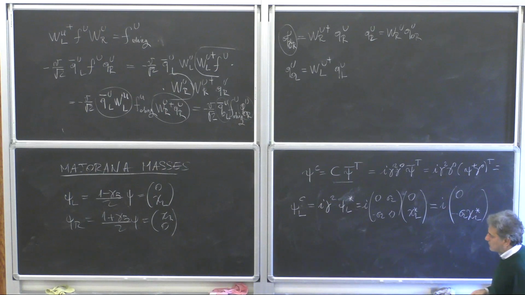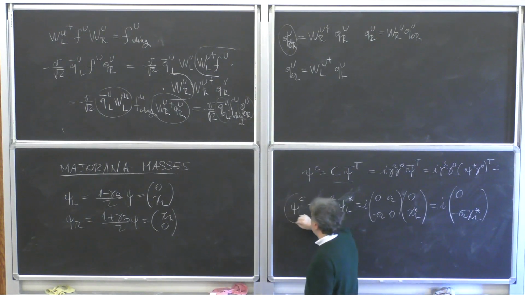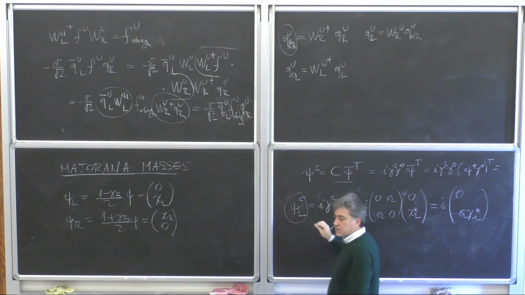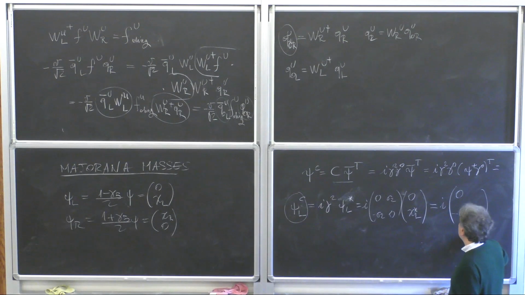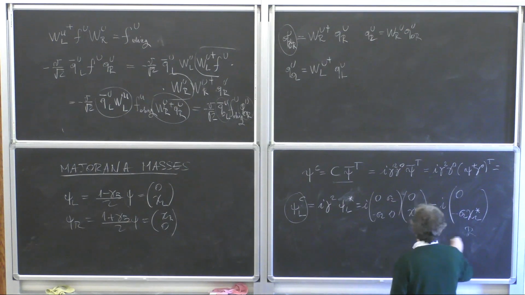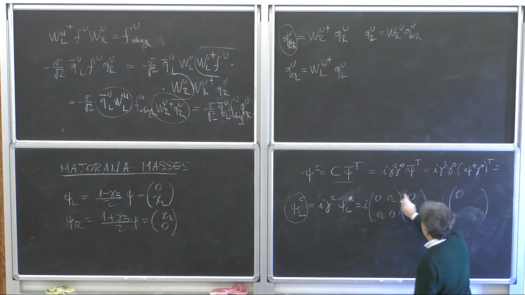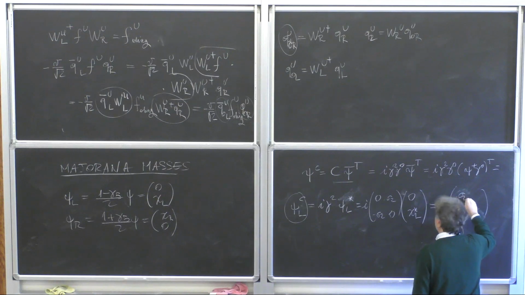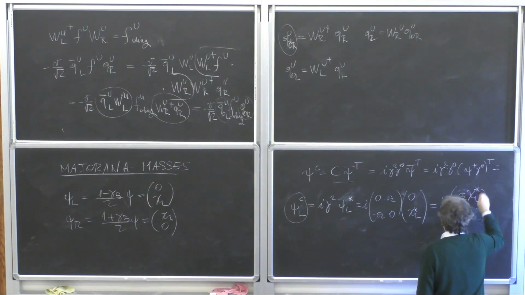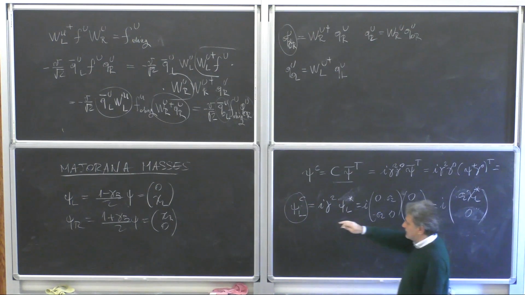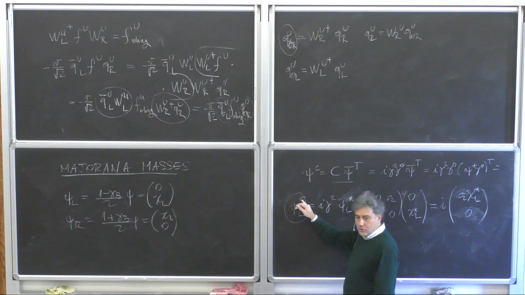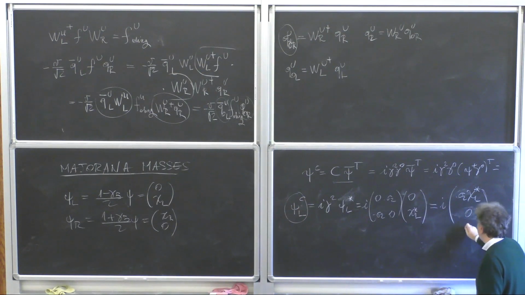Sorry, I made a mistake; this is up, sigma 2 psi left star. So I finally discovered that the conjugate of psi left is right: I go from lower to upper components.